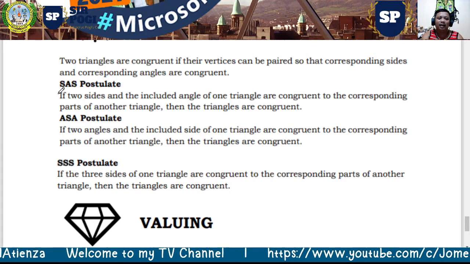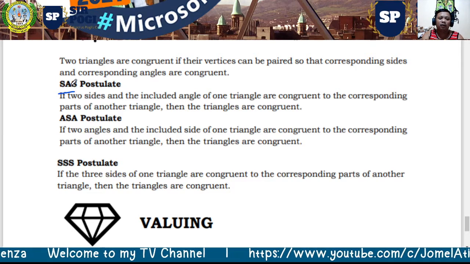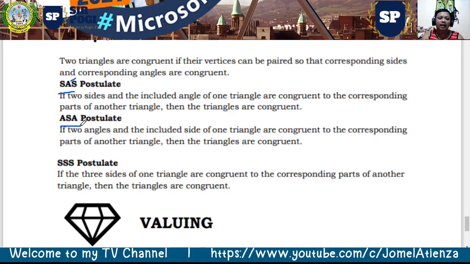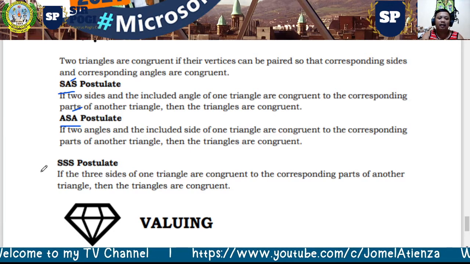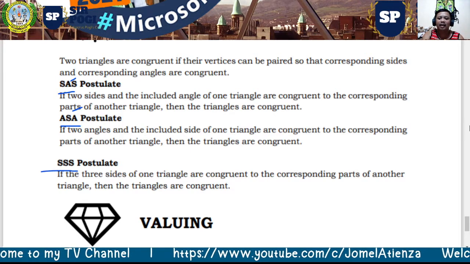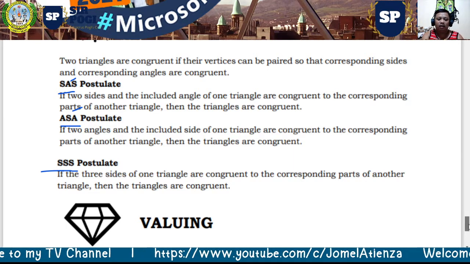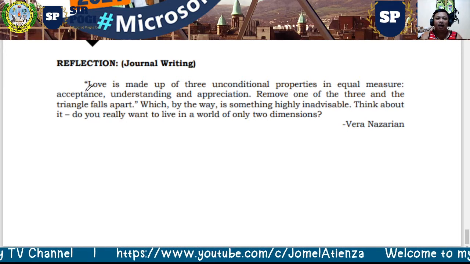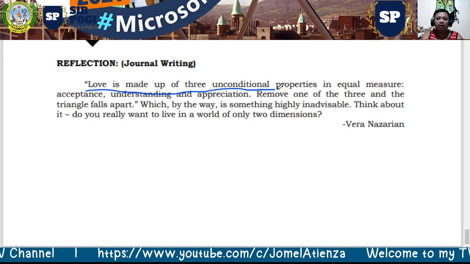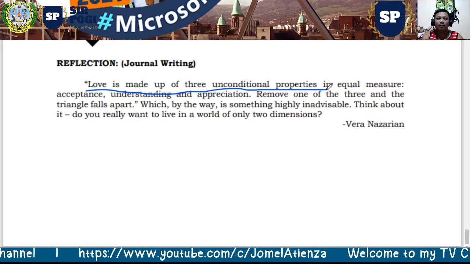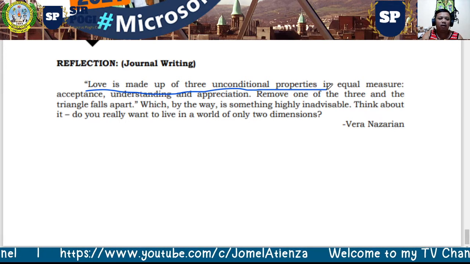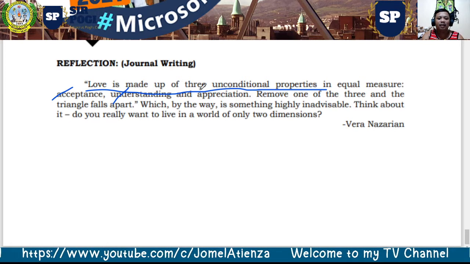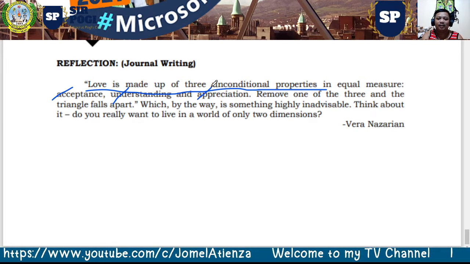When we say side, angle, side postulate, the angle is included. When we say angle, side, angle, the side is included. And when we say SSS, all sides are equal. We say that love is made up of 3 unconditional properties in equal measure: acceptance, understanding, and appreciation.